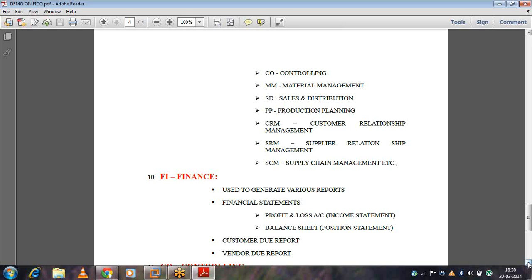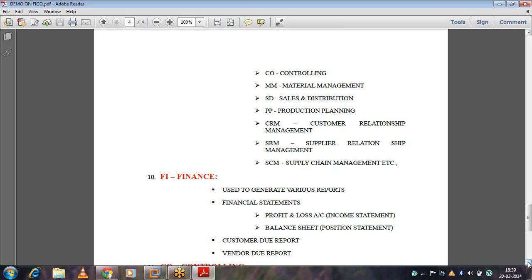The profit and loss account will give us the profit picture, whereas the balance sheet will give us the financial position. These two statements can be extracted at any point of time, need not be at the end of the month, quarter, half year or year. If I want to see my profit and loss account and balance sheet right now, with a single click I can get them using the finance module.